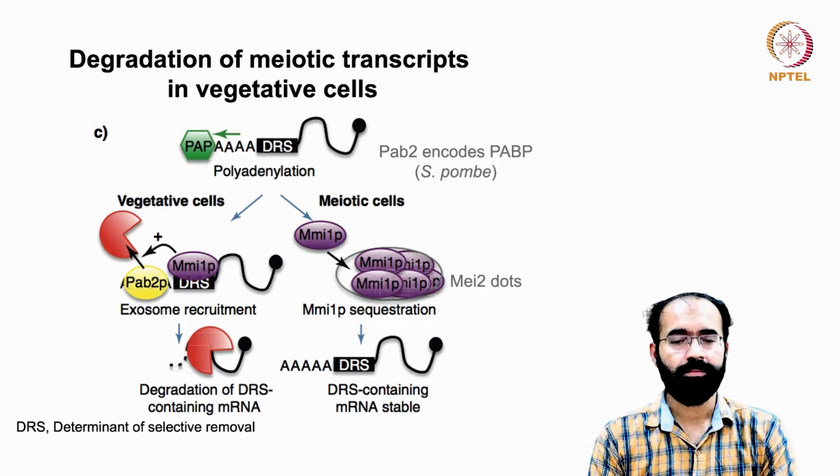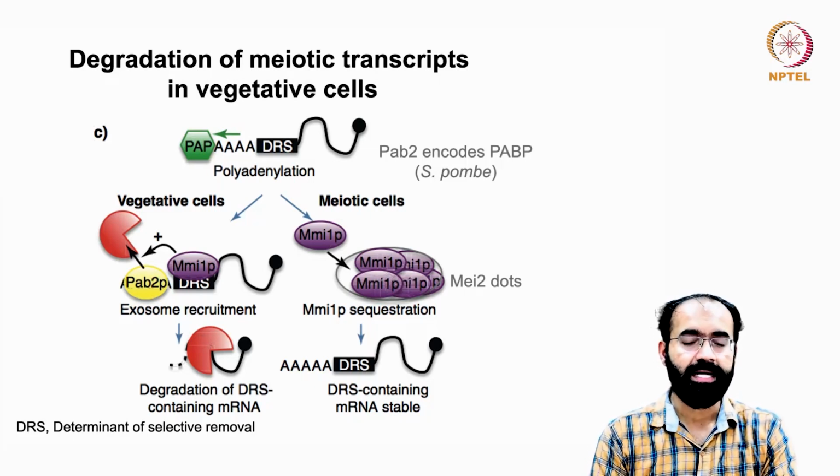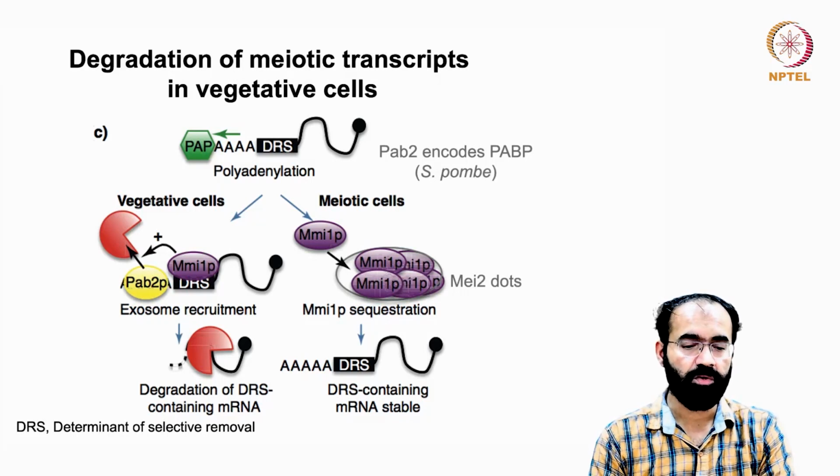So normally an RNA, say PAB2, which encodes for poly A binding protein, we have seen it, and we also know that each RNA will have a cap, and also it has a sequence called DRS. What does DRS stand for?